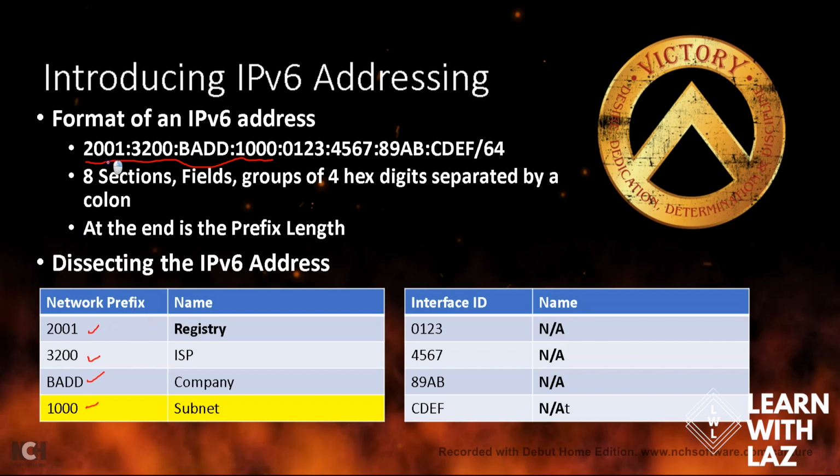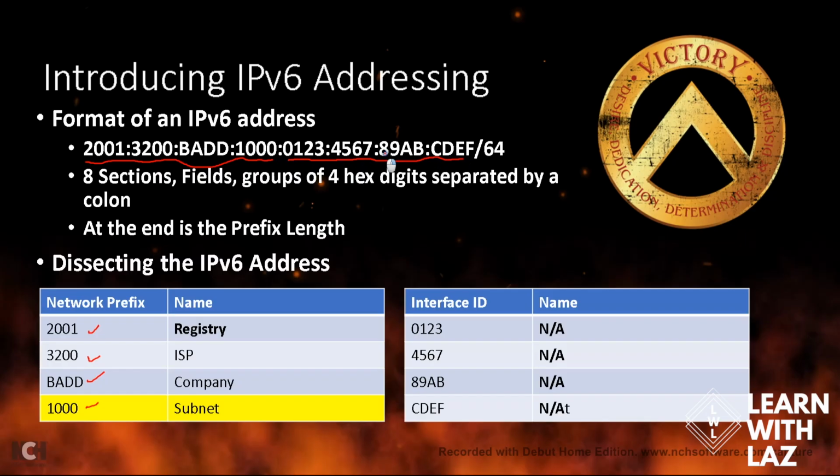And each one of these is 16 bits long. You have 16, 16, 16, and 16. Well, that makes 64, because 16 and 16 is 32, 16 and 16 is 32, 32 and 32 is 64. So this portion of the address is 64 bits, and this portion of the address is 64 bits.